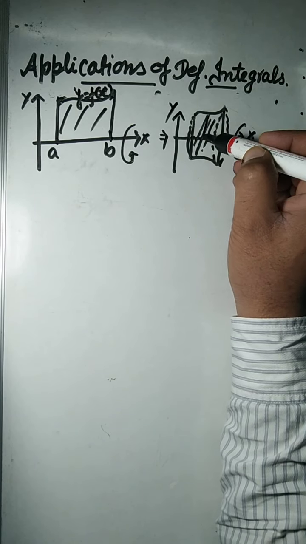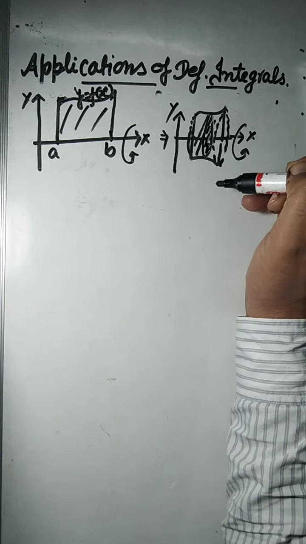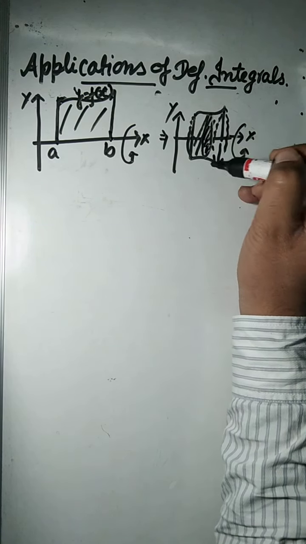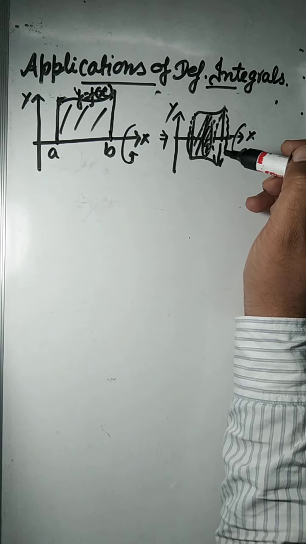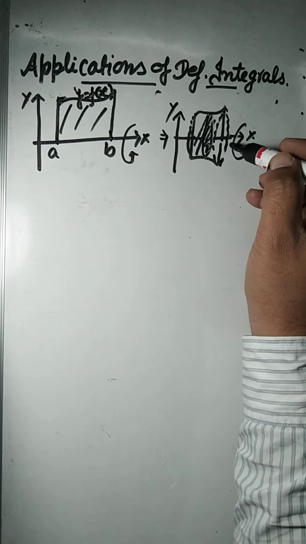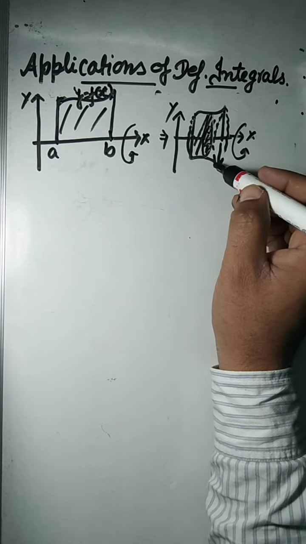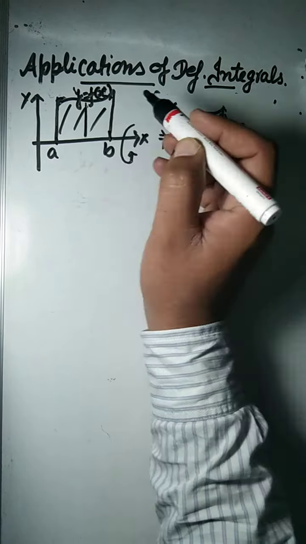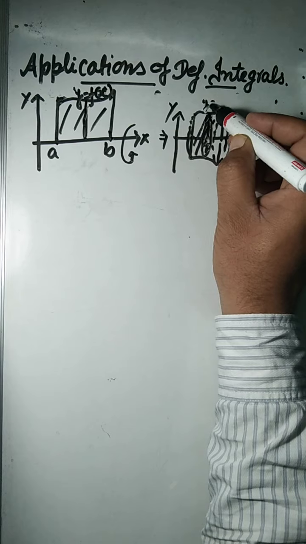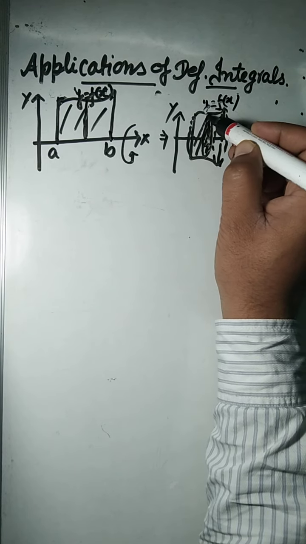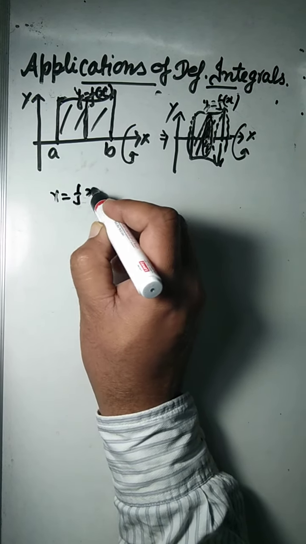If we take a cross section, we will obtain a circle-type cross section. The cross section of the solid looks like a circle, and the radius is y equals f(x), so we can consider r equals f(x).